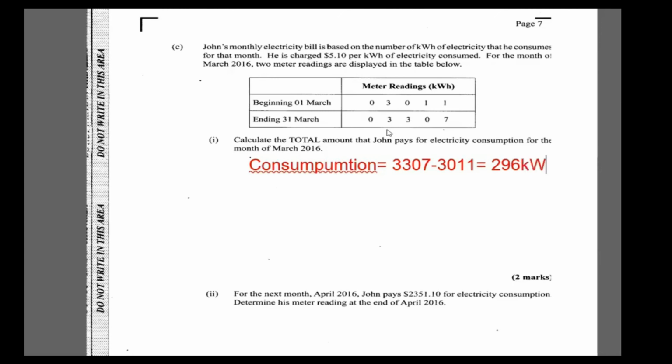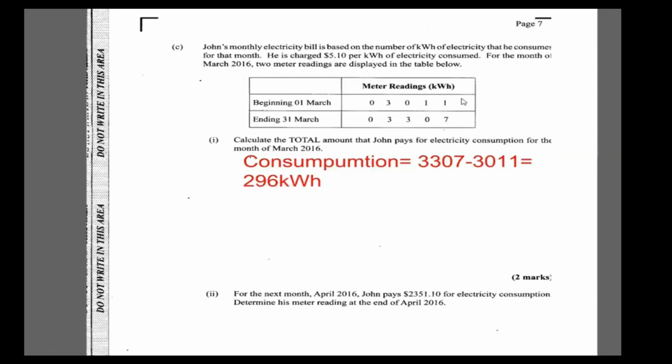Now, after burning 296 kilowatts, you then need to find out how much money the bill is going to be. So the bill is going to be the amount of kilowatts multiplied by the charge per kilowatt. So the bill is going to be equal to 296 multiplied by 5.10.